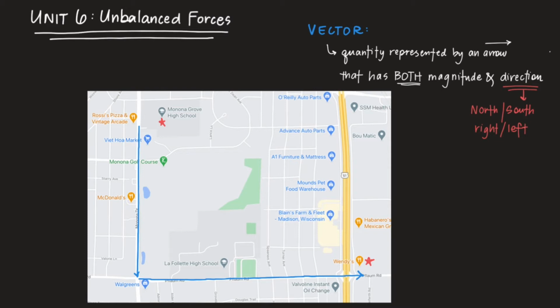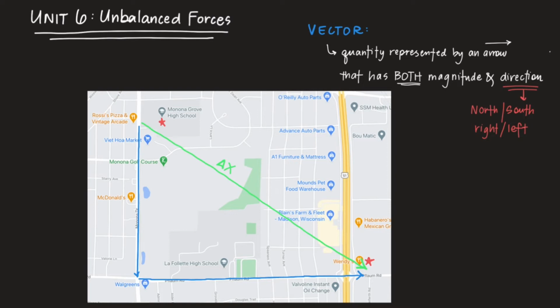But if we remember, our displacement is where you start versus where you end, right? So in this case, where we started was the high school, and we ended at the Wendy's. That's our displacement vector, okay? We ended up southeast of where we started. Okay, so that's our displacement, and it's not in one direction.